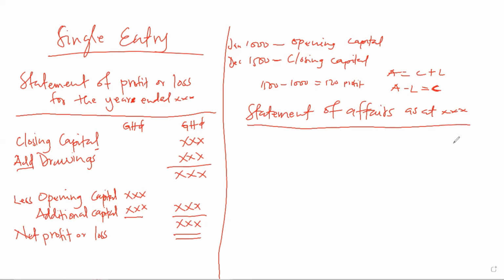So if I want to determine my capital, I will just come here and write all my assets, including my non-current assets. And so let's say we have motor vehicle. We can have buildings.